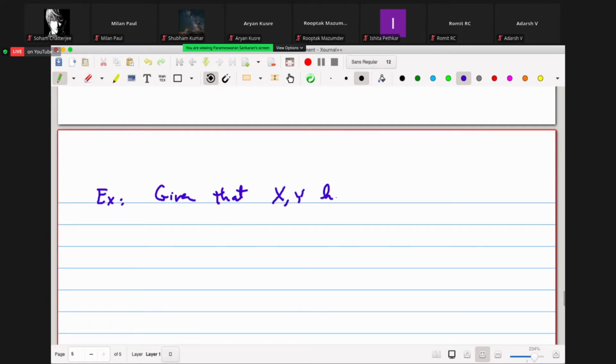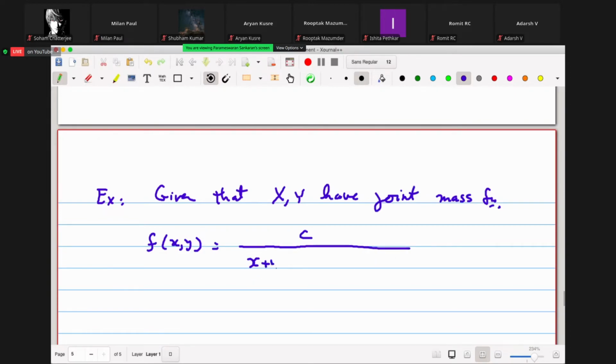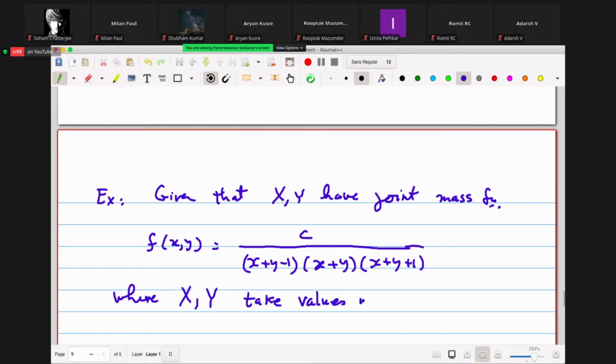X, y have joint mass function fxy equal to c by (x plus y minus 1)(x plus y)(x plus y plus 1), where x, y take values in positive integers.